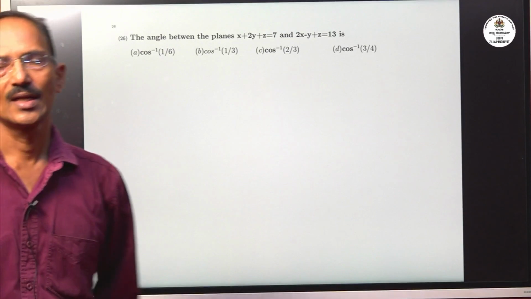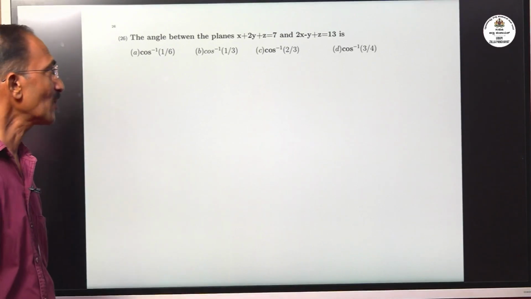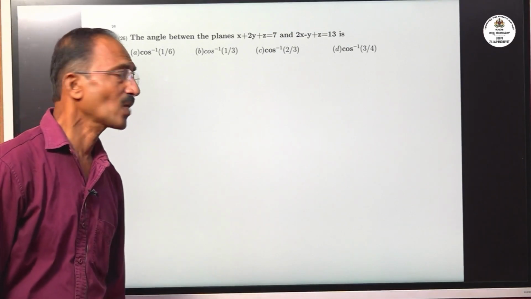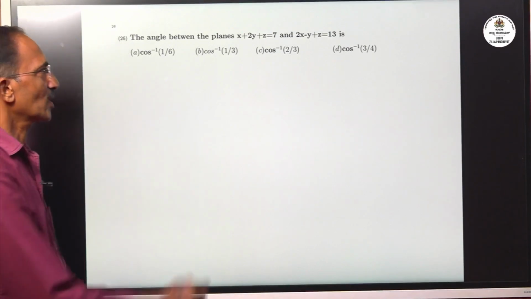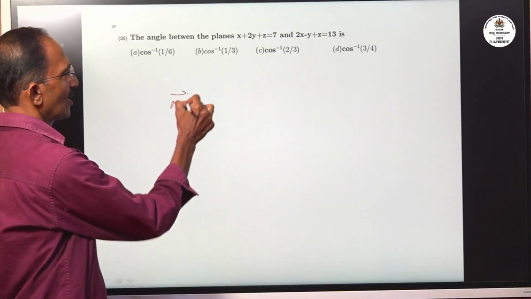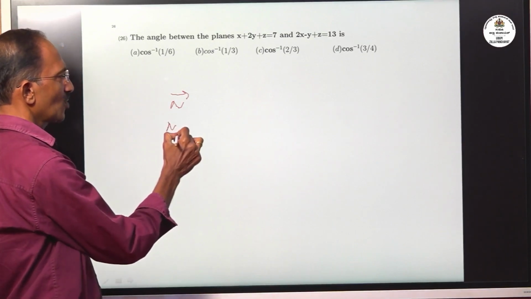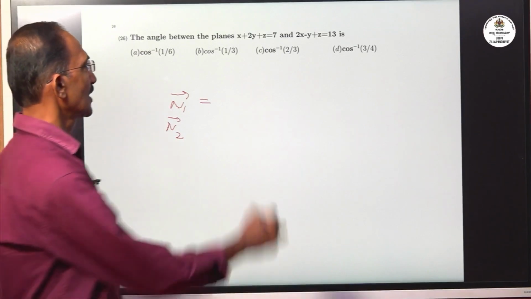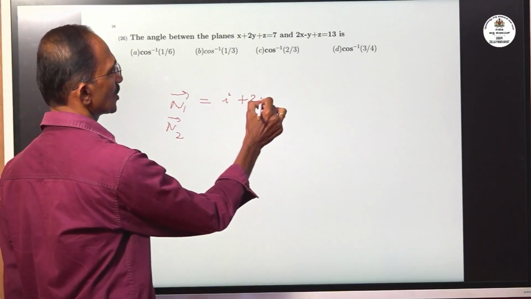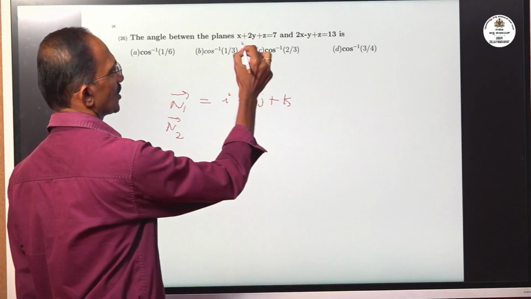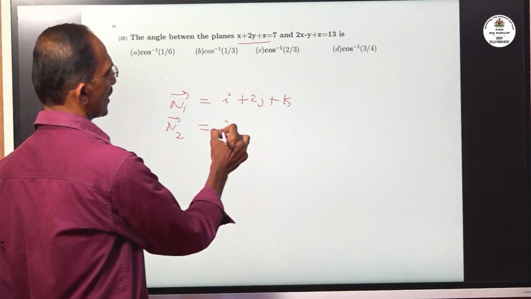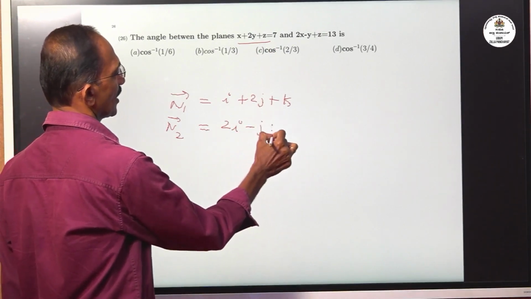So question number 26, the angle between the planes x plus 2y plus z equals 7 and 2x minus y plus z equals 13. So direct question. You get the normal vector of the first plane and the normal vector of the second plane. So what is the normal vector of the first plane? That is i plus 2j plus k. Using the second equation, the normal vector is 2i minus j plus k.